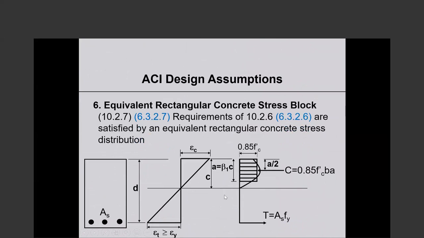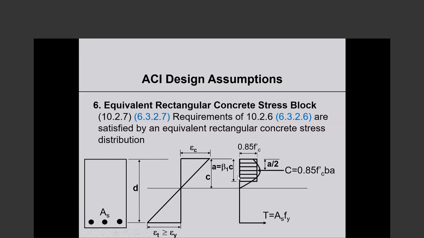Now, ACI tells us that this actual stress distribution for calculation purposes can be replaced by this equivalent rectangular stress distribution. This is extremely important. Okay. In this rectangular stress distribution, the uniform stress is 85% of f'c, 85% of the specified compressive strength.